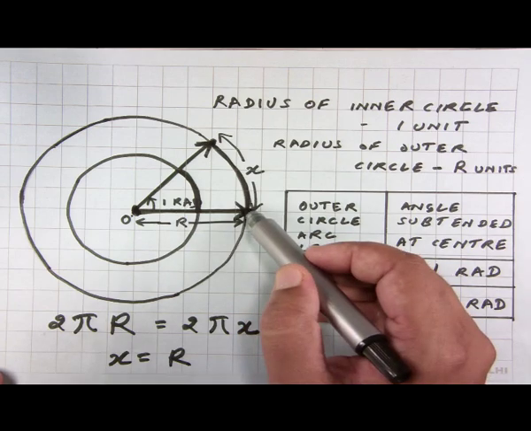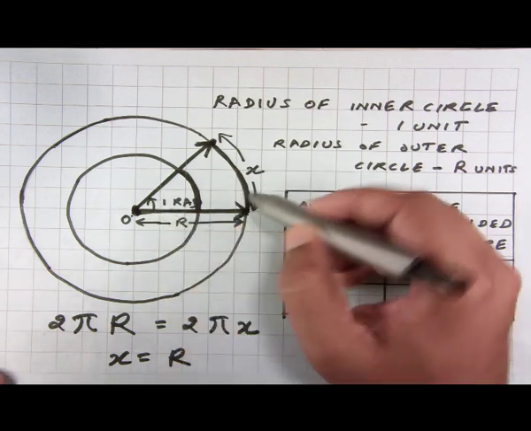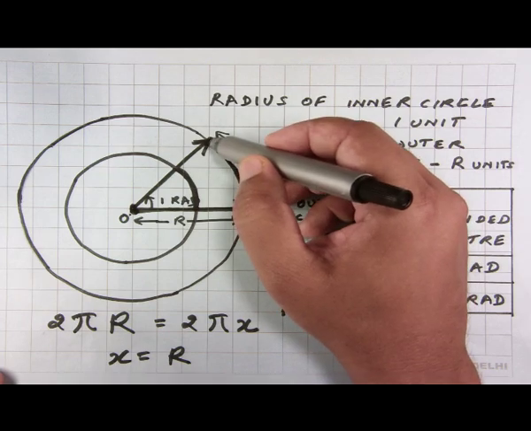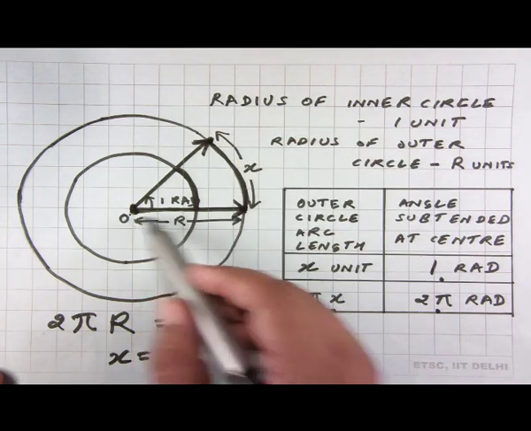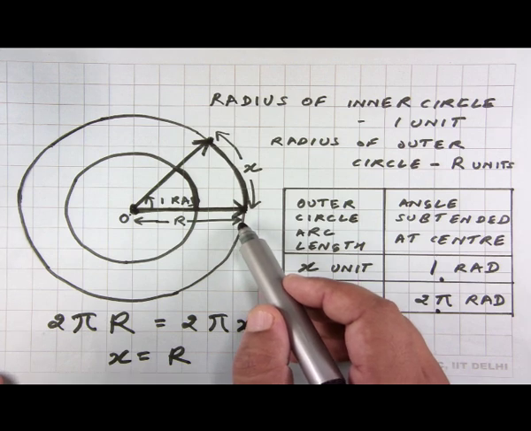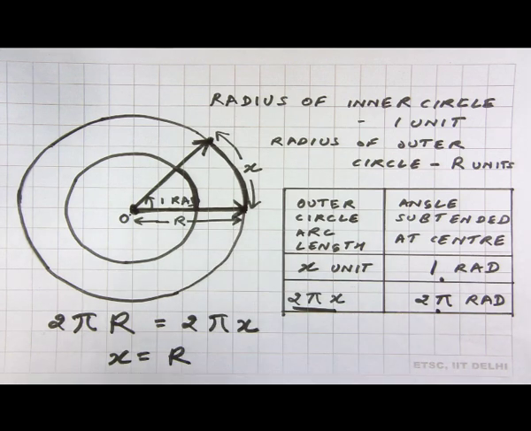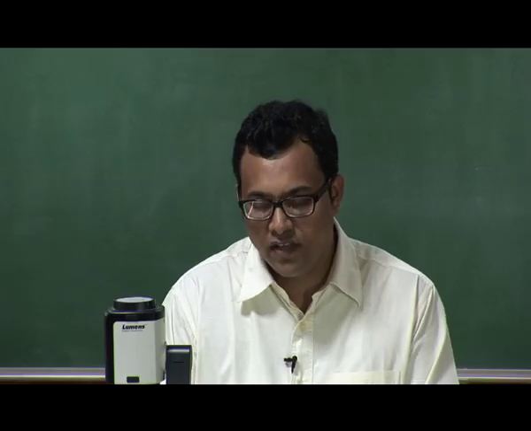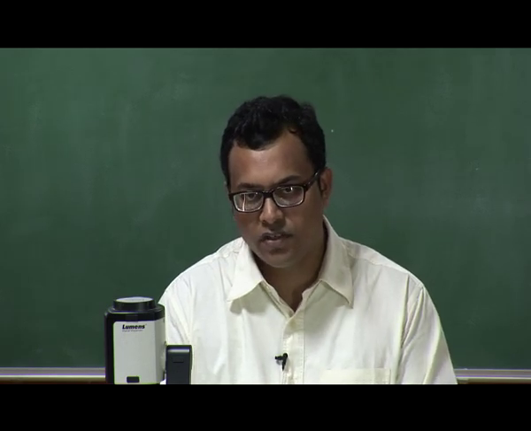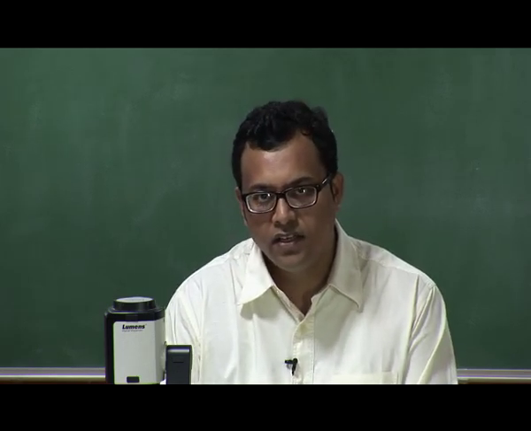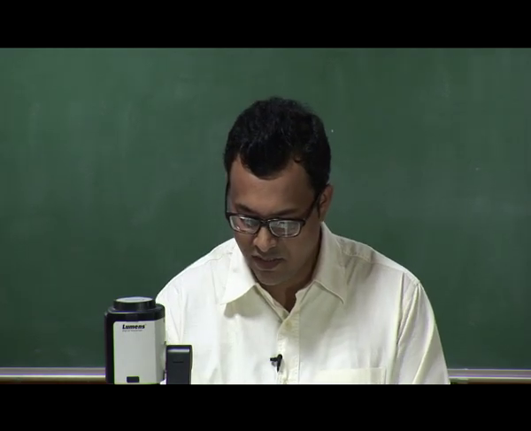Because we rotate it by 1 radian, this particular arc length will be equal to the radius itself, which is r. So, essentially 1 radian could be defined as the rotation angle such that the length of the arc corresponding to that rotation angle is equal to the radius of the circle.